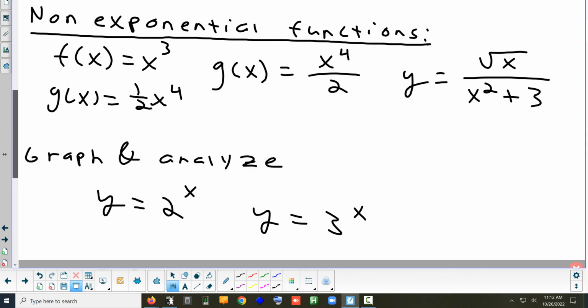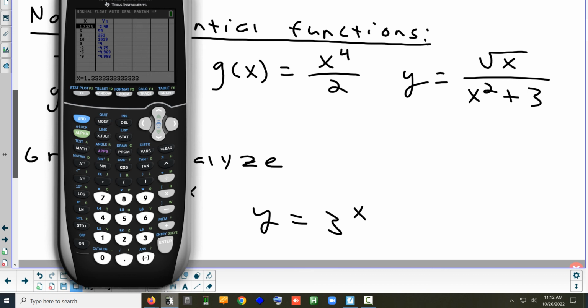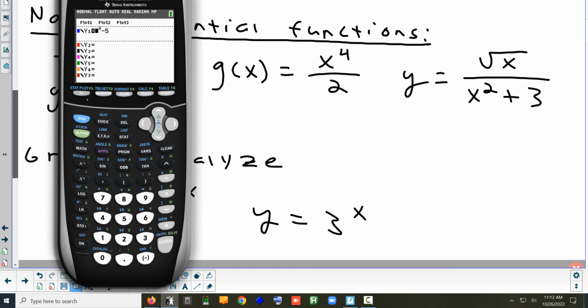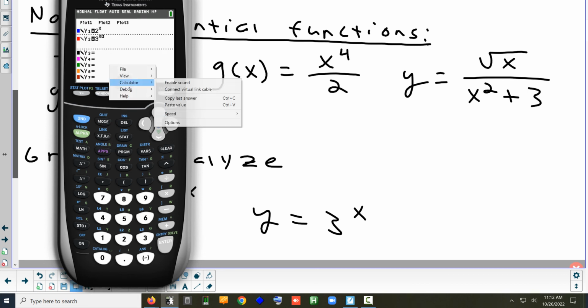So let's look at the difference between 2 to the x and 3 to the x. Just a different base. So I'm going to put 2 to the x. I'll put 3 to the x. And what do you think the difference is going to be?